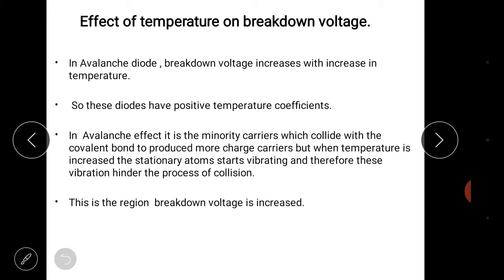But when temperature is increased, the stationary atoms start vibrating, and this vibration hinders the process of collision. This is the reason breakdown voltage is increased in case of avalanche breakdown.